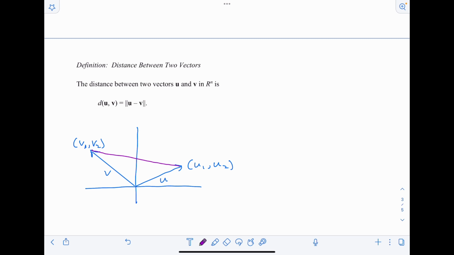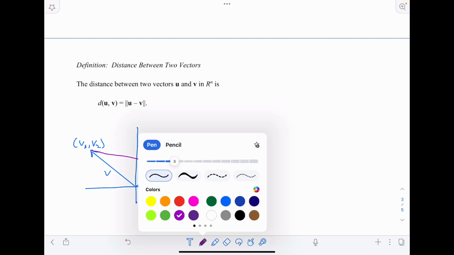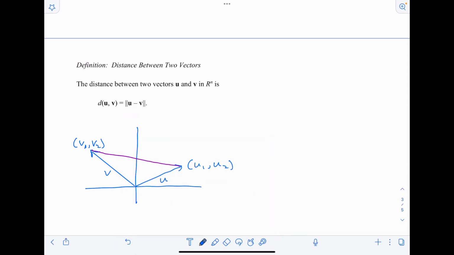Well, if you think about what we have here in terms of what we've talked about before, we have two vectors, the blue vectors u and v, and right now they're tail to tail. So when I draw that purple line from one vector to the other, what I'm really doing is finding what could represent a vector that is the difference of u and v.